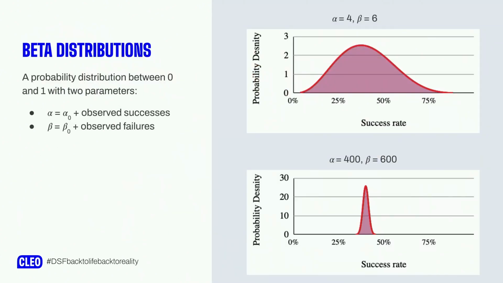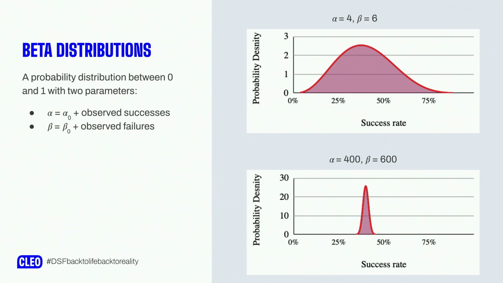So the beta distribution is a probability distribution between 0 and 1 with two shape parameters. And for this type of analysis, the shape parameters alpha and beta are both positive integers. Alpha is based on the number of observed successes.